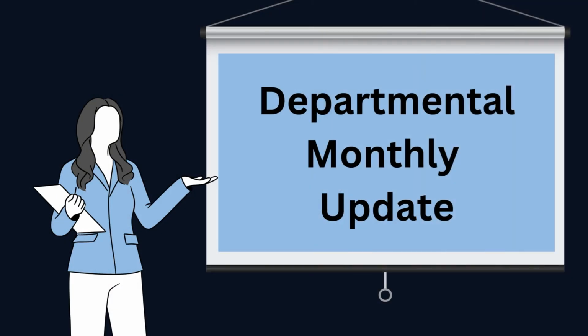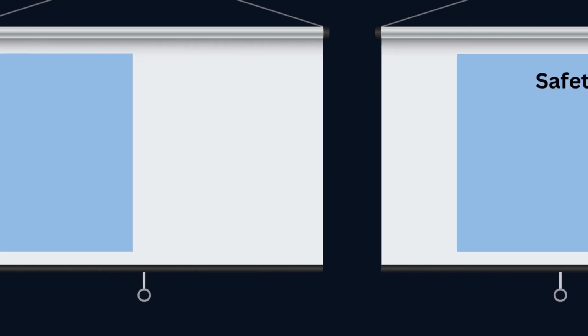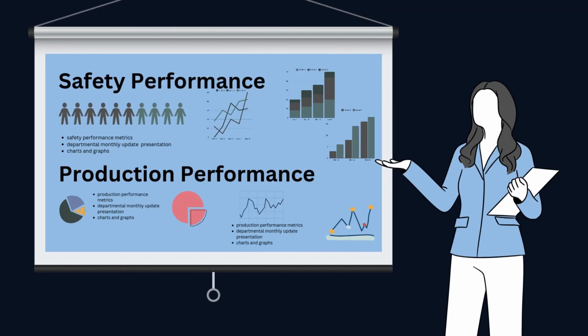Good morning, everyone. Let's get straight into this month's departmental report. We've got a lot to cover, so I'll move quickly to ensure we finish on time. This month, we recorded 3 safety incidents. 2 were minor equipment-related injuries, and 1 was a slip incident in the processing plant. Our safety campaign is ongoing, focusing on hazard awareness, and we expect improvement next quarter. Production figures were slightly below target at 92%, primarily due to unexpected maintenance issues with the crusher.